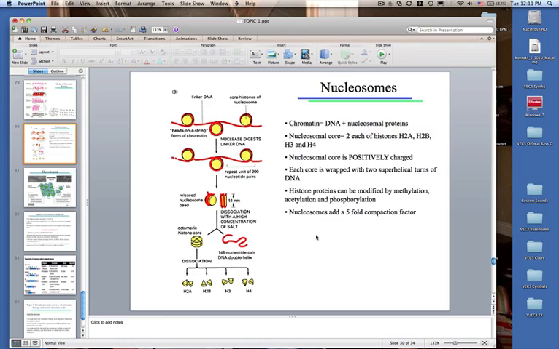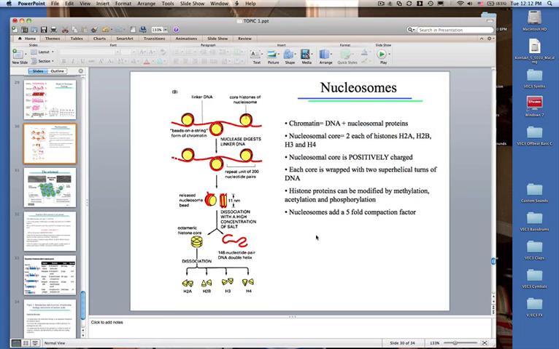The cores here, these little yellow beads, if you will, are composed of 4 different proteins. It's an 8-mer, an octamer, of 4 different histone proteins: histone H2A and B, H3 and H4.